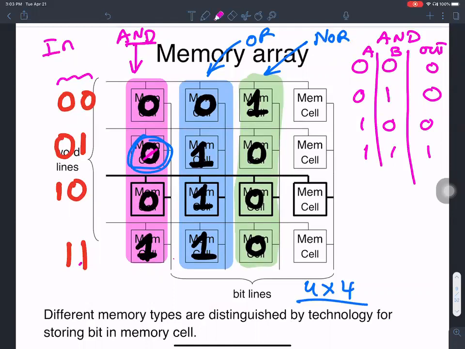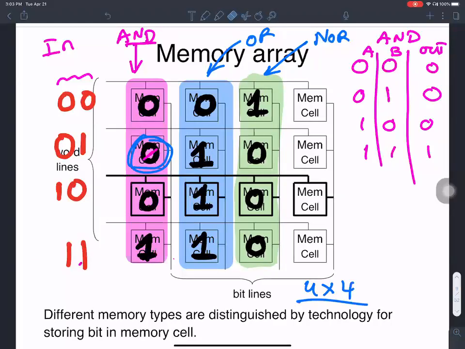But then this memory cell itself, this one cell itself, it could be SRAM, it could be DRAM, it could be fuse, anti-fuse technology, so on and so forth. What technology we use to store one bit of data into this memory cell characterizes the overall memory architecture.